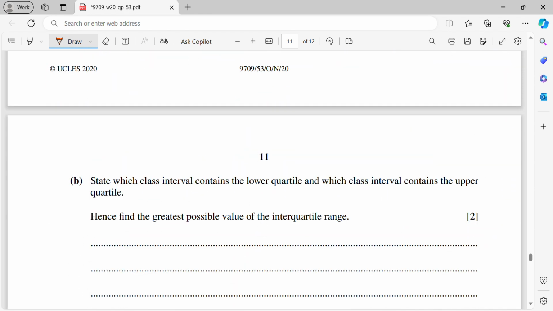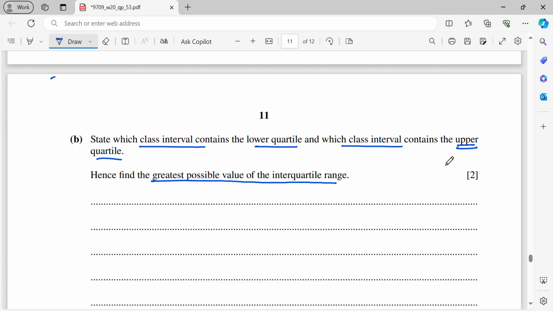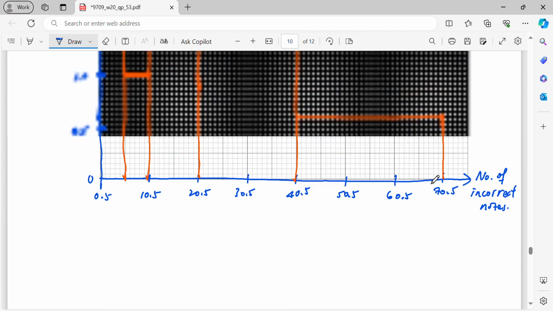Right, so now next part, state which class interval contains the lower quartile, which class interval contains the upper quartile. Hence, find the greatest possible value of the interquartile range. So we know that the lower quartile, Q1, is 1 over 4. Now look at the total first.